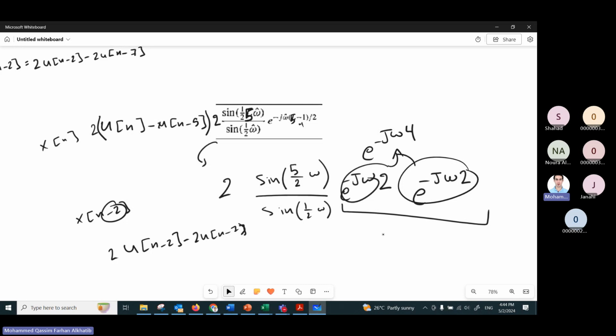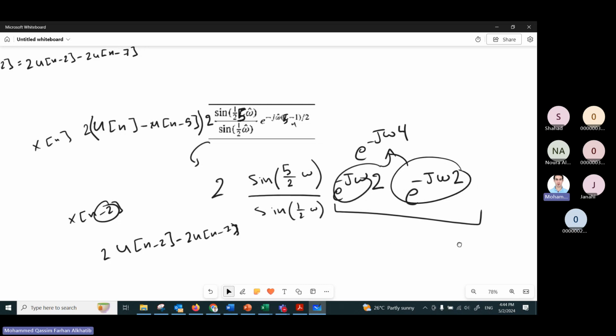Okay, I will repeat it. So just a key point here, when you have u of n minus 2 minus u of n minus 7, I have 2 here, 2 here. The moment you see 2 unit steps, the formula, this expression should be there.